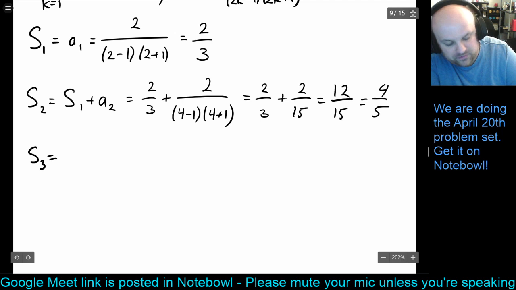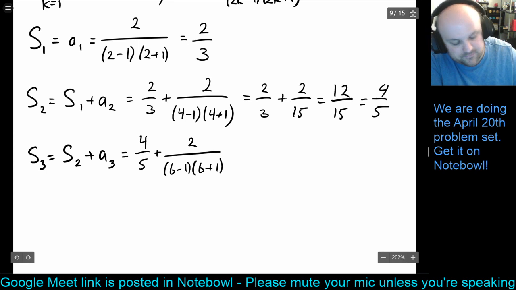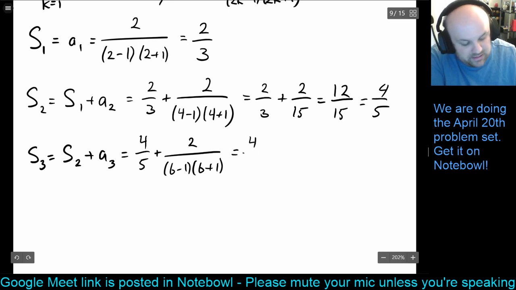S3. That's going to be S2 plus a3. That'll be 4 over 5 plus 2 over (6 minus 1)(6 plus 1). So we have 4/5 plus 2 over 5 times 7, so 35.